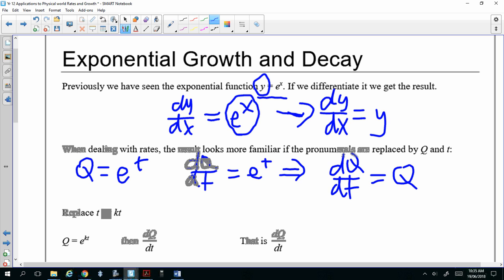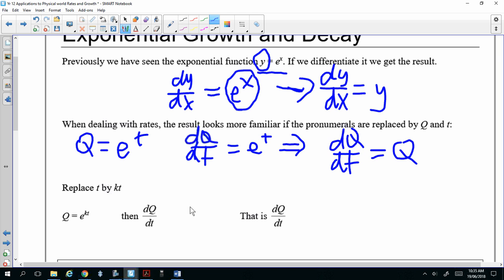And of course, we can make the result more flexible by changing t to kt, where k is a constant. So if I differentiate e to the power of kt, it becomes e to the power of kt. Actually, it becomes k times e to the power of kt. Like that.